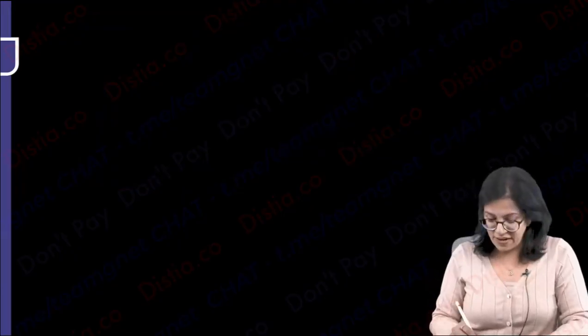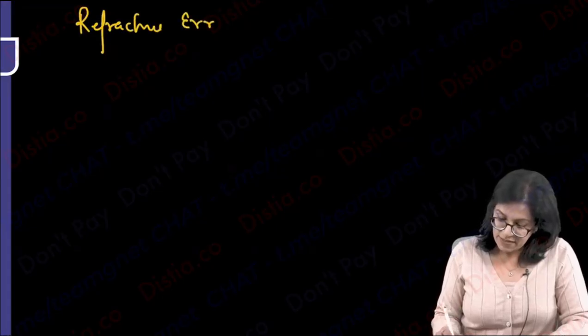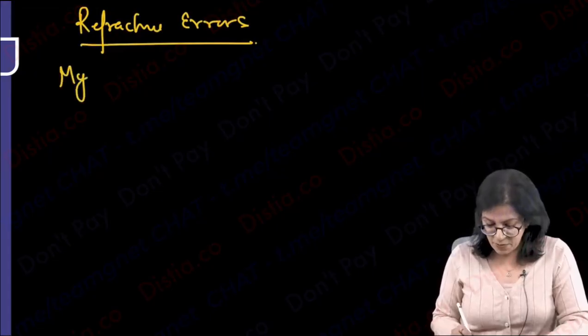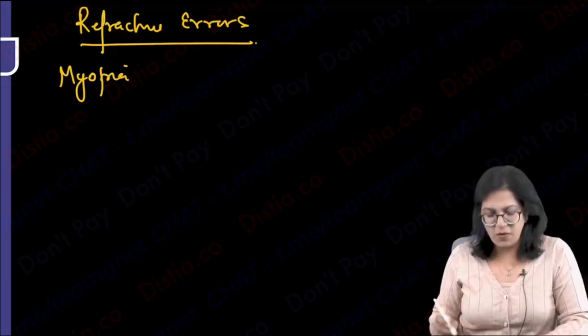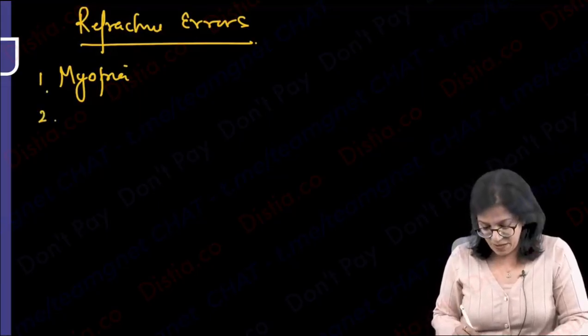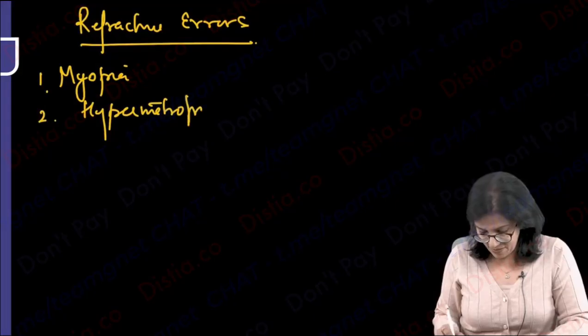Now we are having refractive errors. Next we talk about is refractive errors. So we know this basics. We start with first is myopia. Okay, what are the refractive errors if I ask you to list down? First, myopia, then hypermetropia. What else will you say?